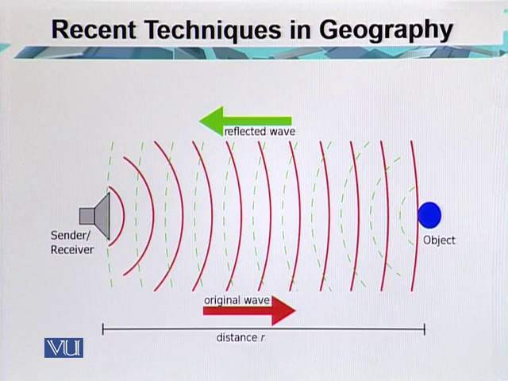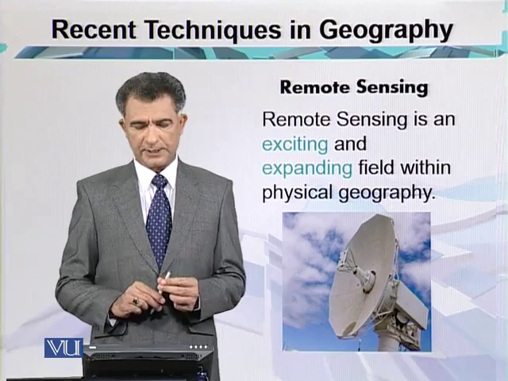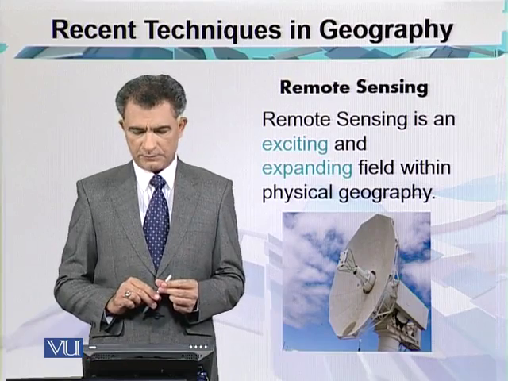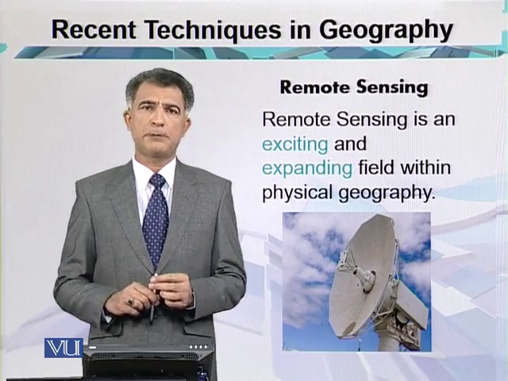Ground-based weather radars use microwaves that are scattered by water droplets or ice crystals and produce an image of the precipitation over a region. These ground-based radars detect rain, snow and hail and are used in local weather forecasting. So remote sensing is an exciting and expanding field within physical geography. This can be used for the mapping of the area.